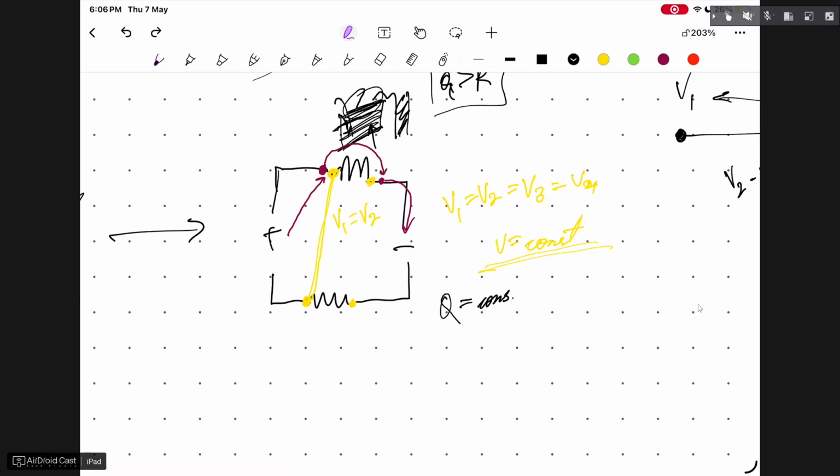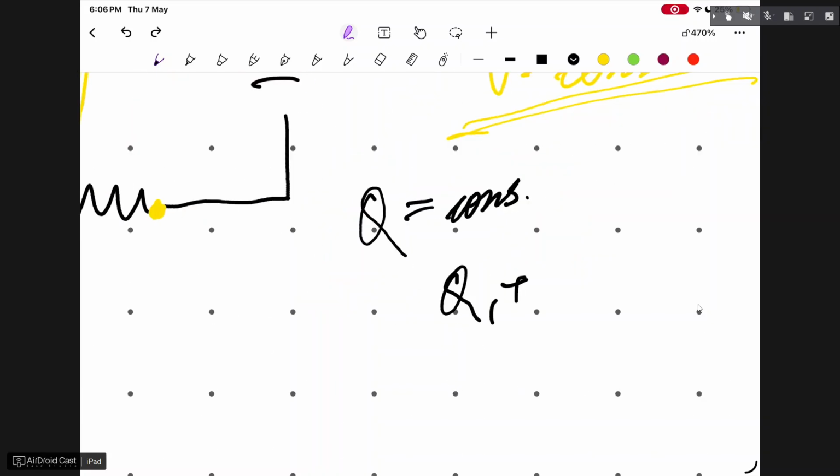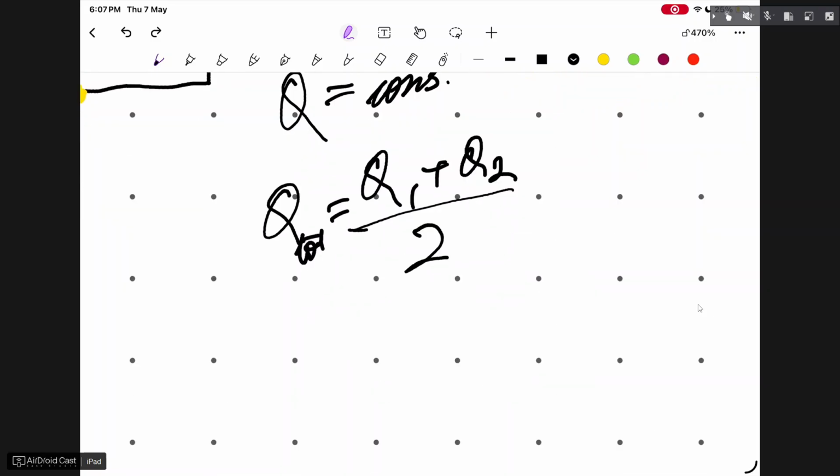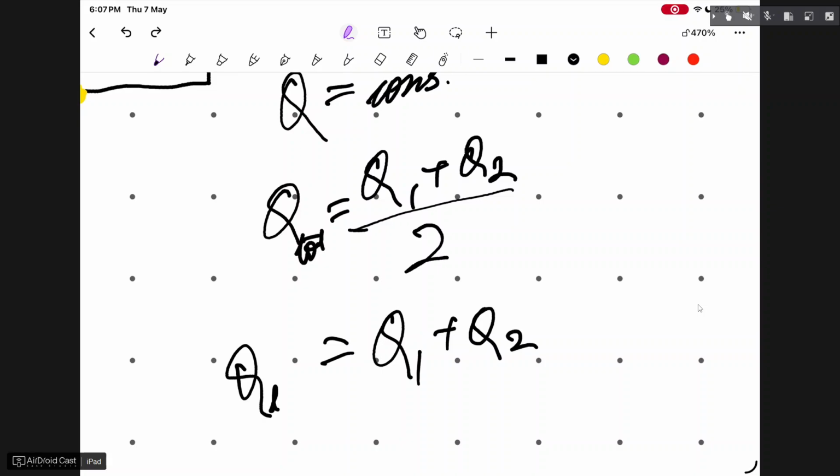You need to overflow it, so the more the resistance, the more charge will be needed. So there is unequal distribution. That is why you can't say that Q1 plus Q2 divided by 2 will be your Q total, because there is no equal distribution. Distribution depends on how much resistance is present. So your Q1 plus Q2 will always be equal to Q total.